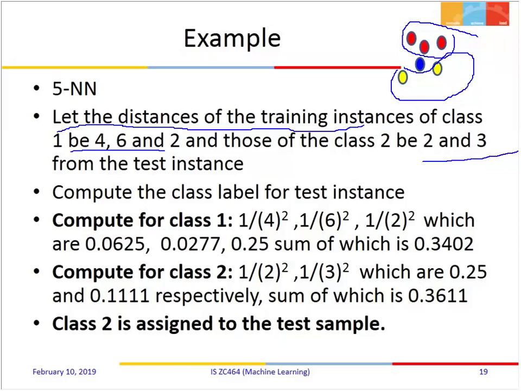So how would you select this k? K cannot be all the points, right? If k is all the points, then this algorithm will be computationally much more expensive. And k should not be 1 because it will be more biased towards only one outlier, which could somehow be falling very near to the test data.